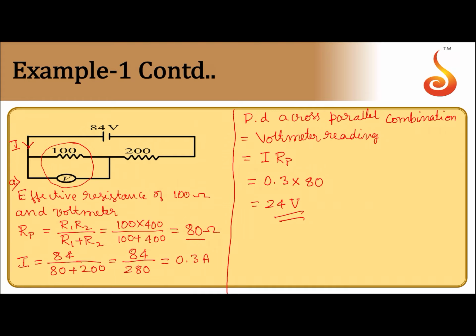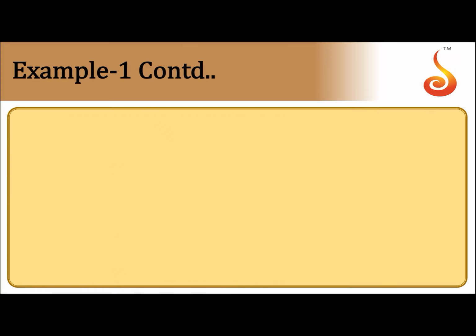Now the case 2 is before voltmeter was connected, what was the potential difference across 100 ohm. So that is case B, before the voltmeter was connected.